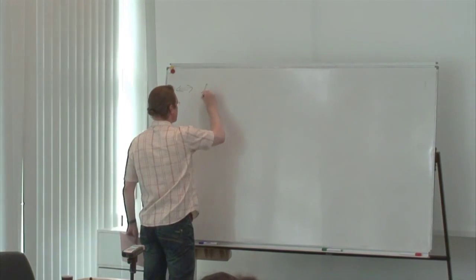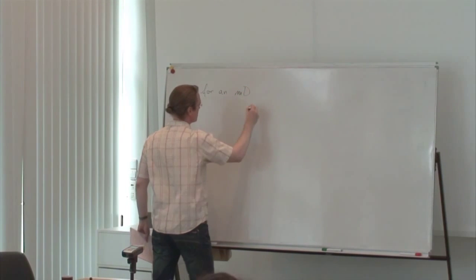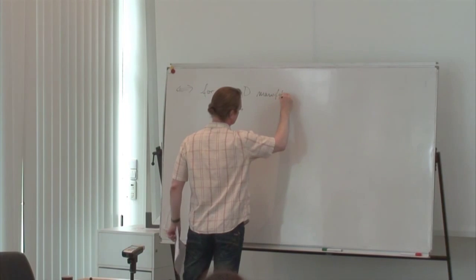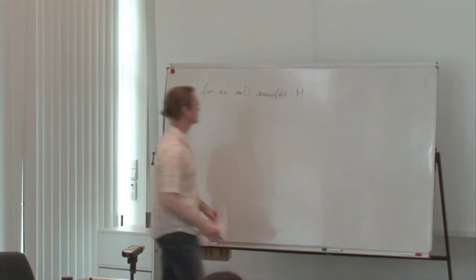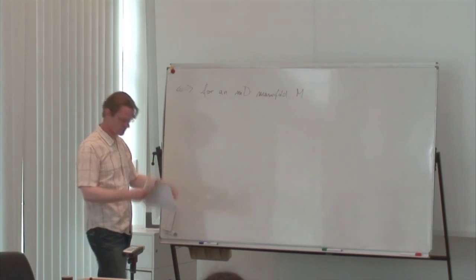We can say that for an m-dimensional manifold, and I am calling this object M, manifold M, well, it could be this sort of circular structure we just saw.